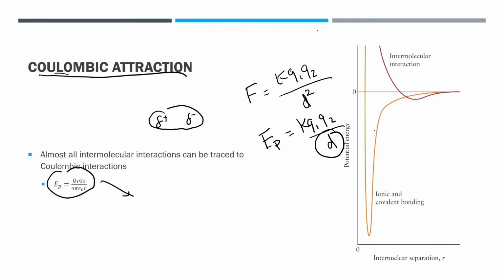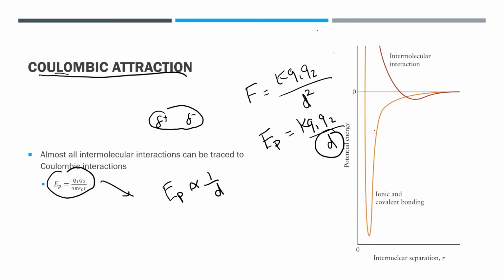We know that we can't have Q1 and Q2 because those are full charges. So maybe we have something that describes the dipole moment of the molecule, what fraction of charge is separated. And is it still proportional to 1 over d, or is there a different proportionality that comes in?